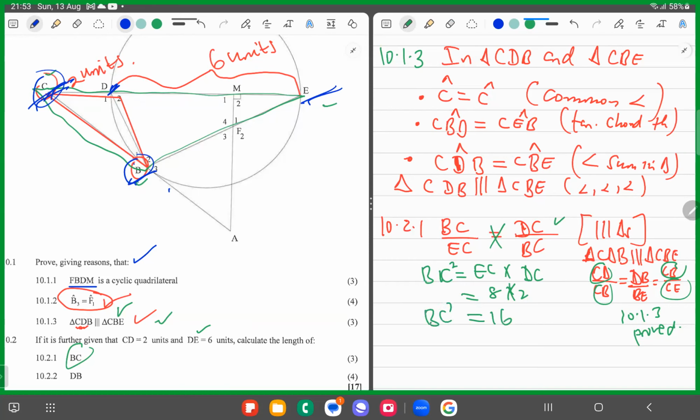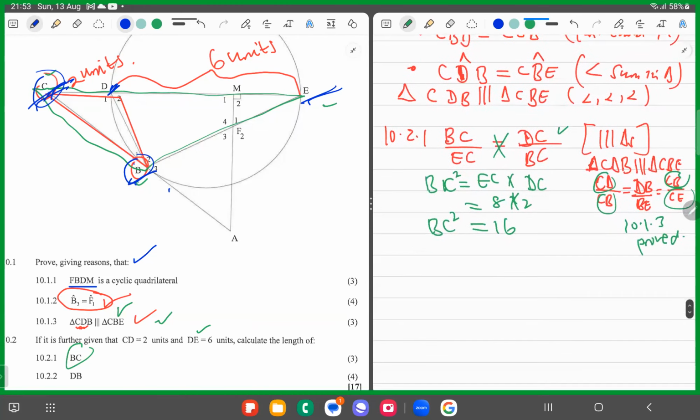Which means BC squared is equal to 16. You take the square root on the left, square root on the right, which means BC is equal to 4 units.